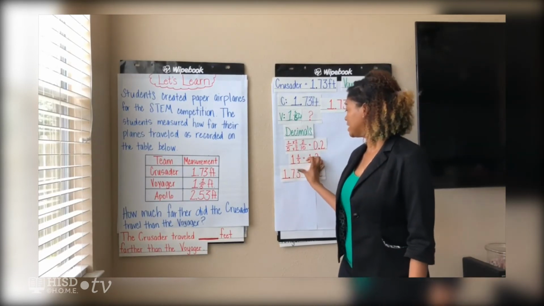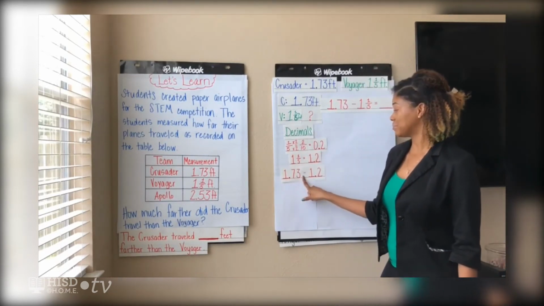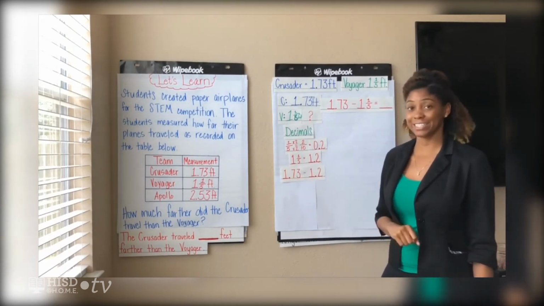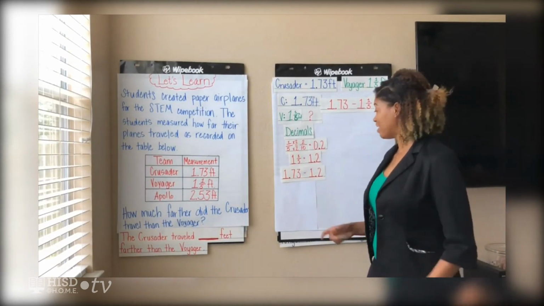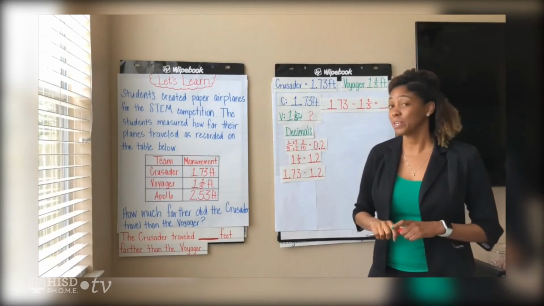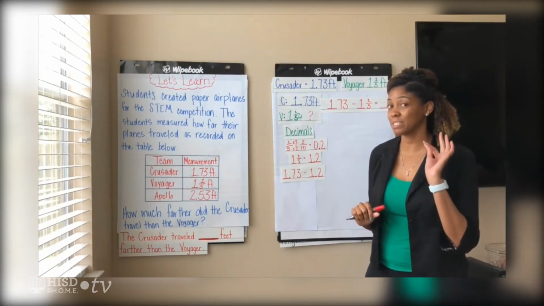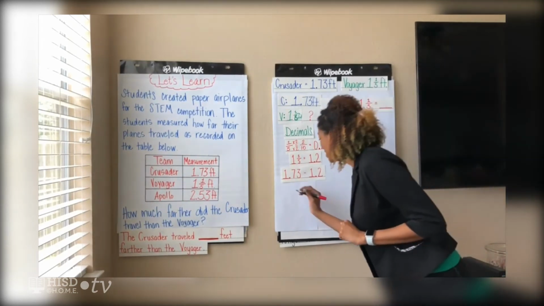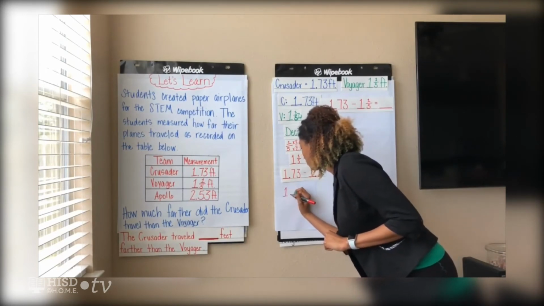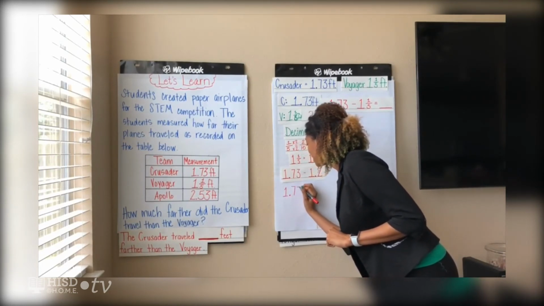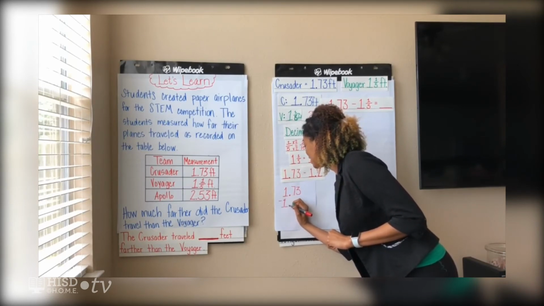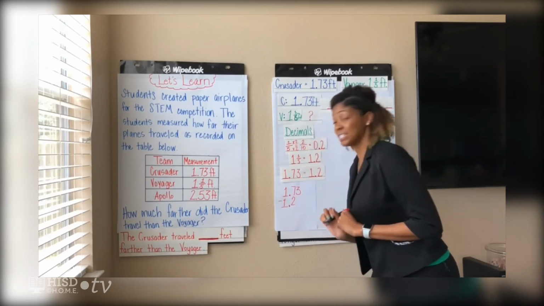I have 1 73/100 subtract 1 2/10. Now it's time for me to subtract. Remember, what do we do with subtraction of decimals? Yes, we line them up. So I have 1 73/100 subtract 1 2/10.